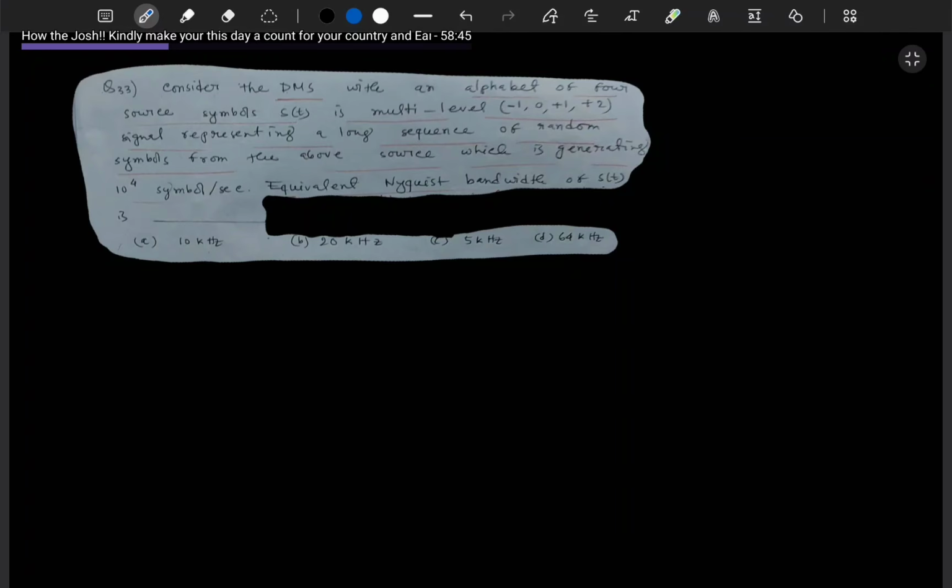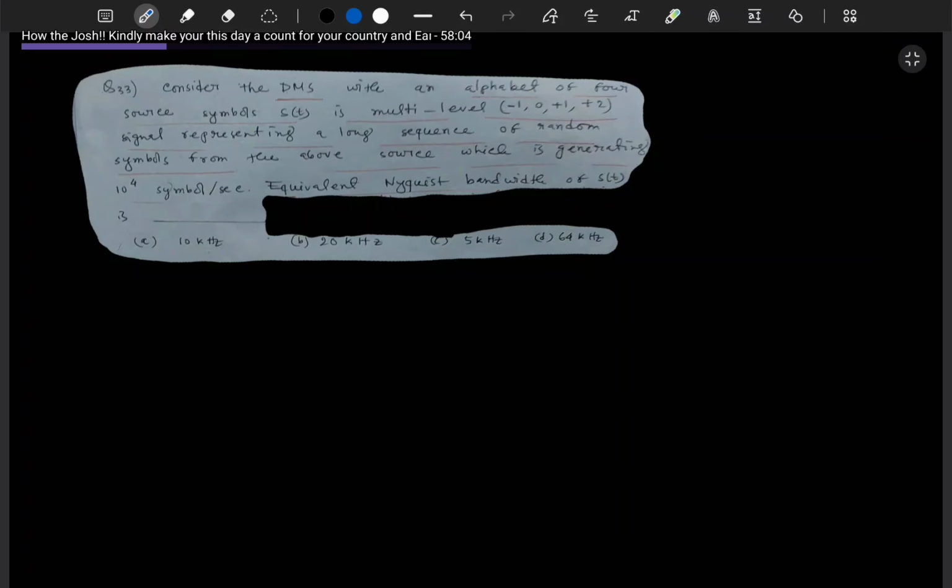Okay, next. A digital modulated system with an alphabet of four source symbols, multi-level: -1, 0, +1, +2. Signal representing a long sequence of random symbols from the above source, which is generating 10 to the power 4 symbols per second.